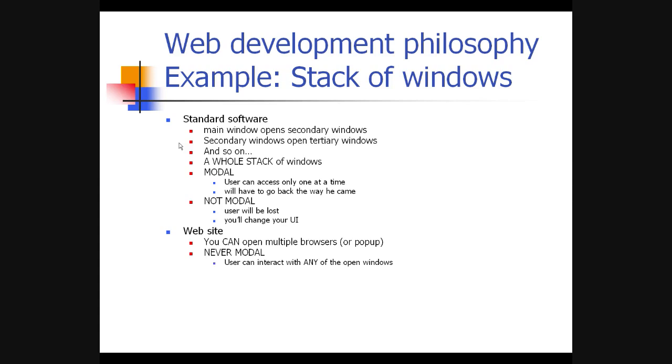He will be able to close what we call, in this example, the main window, and leave the secondary open. So what will happen when you close the secondary window? Well, there will be nothing to come back to. That's a very different case than what happens under our normal Windows program.